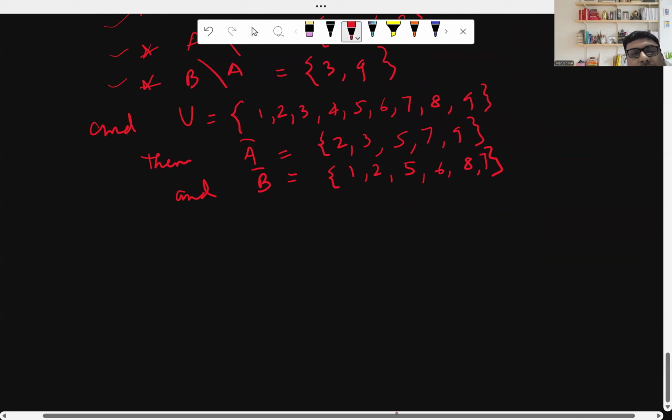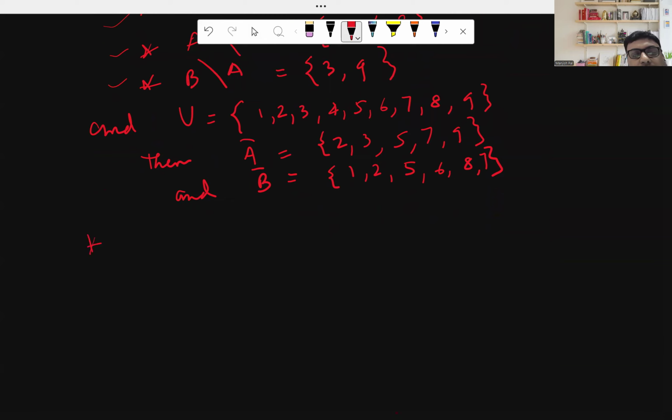Now, if we look into more details into the properties of these sets, then one of the first properties is that intersection and union are associative.